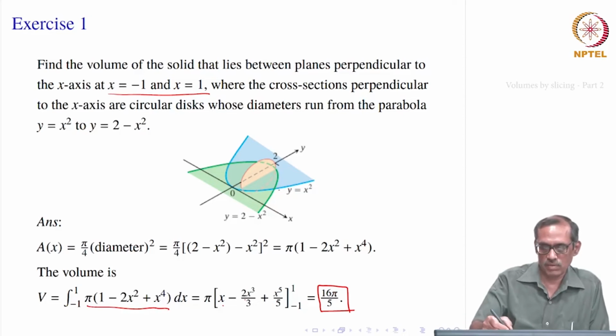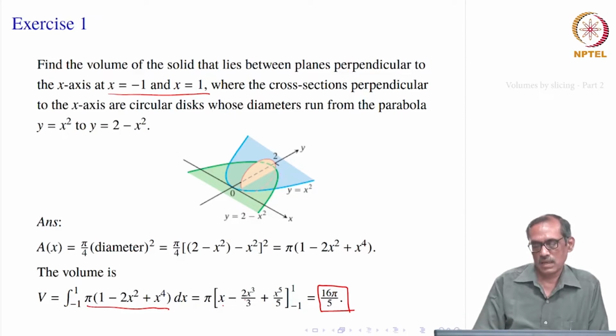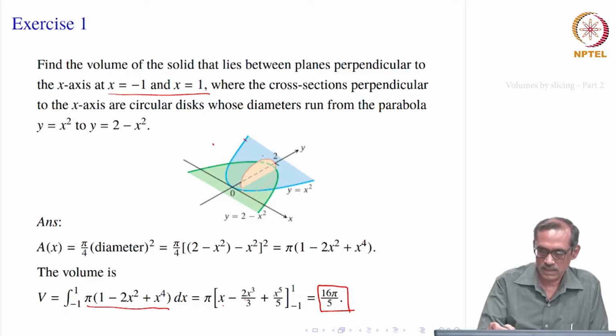So, here you see we have not really plotted the whole solid, how does it look, but we already have the information that it is from -1 to 1. So, it is something like a right cylindrical type, but not exactly a cylinder, it is not uniform.